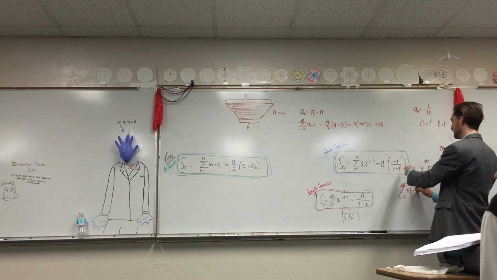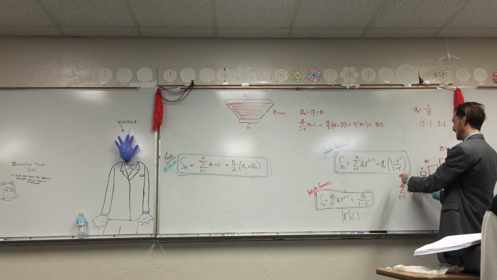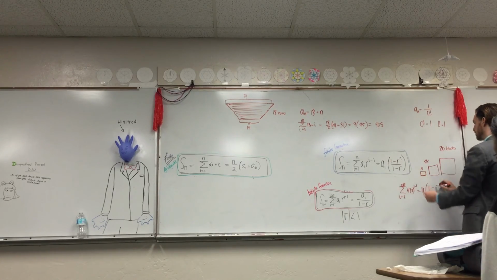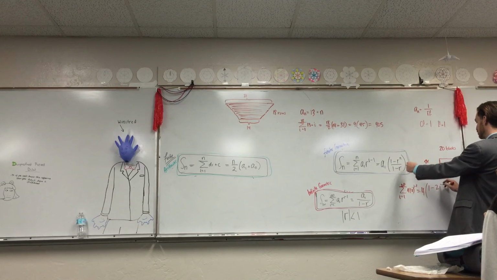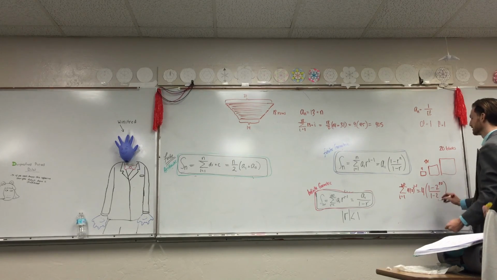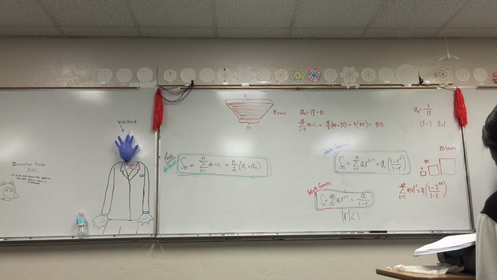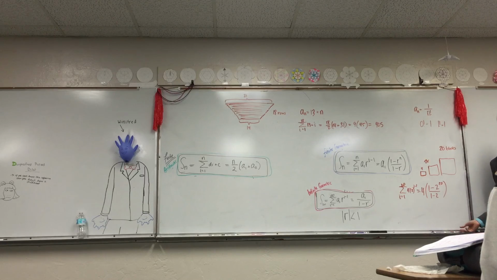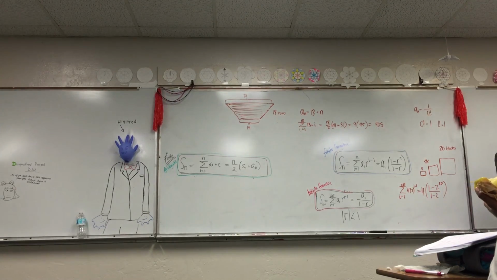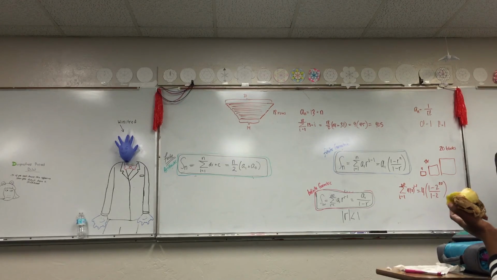My ratio is what? 2. So it equals 4 times 1 minus 2 to the 20 over 1 minus 2. And then you just do the math. You guys can do that. Okay? Cool? All right, good job, guys. Very good.